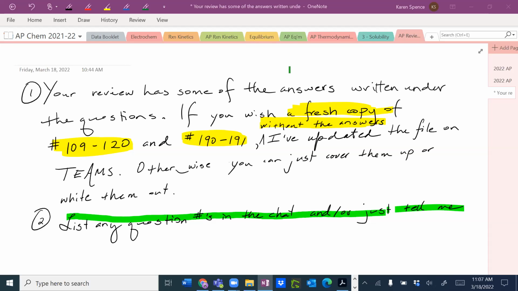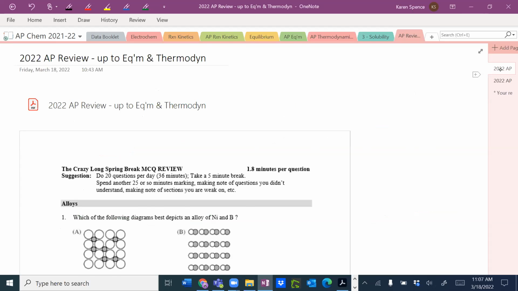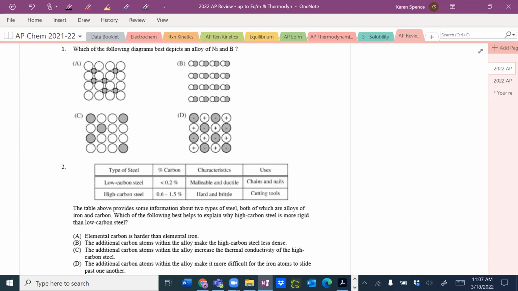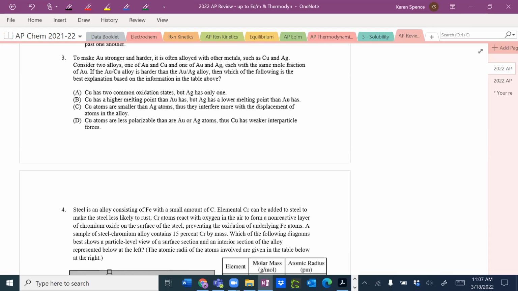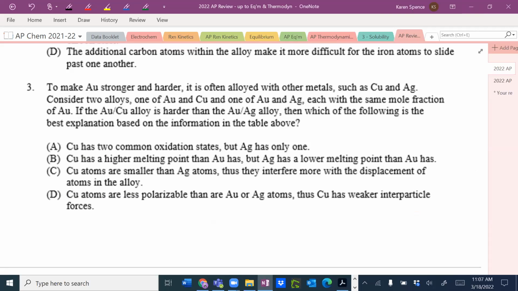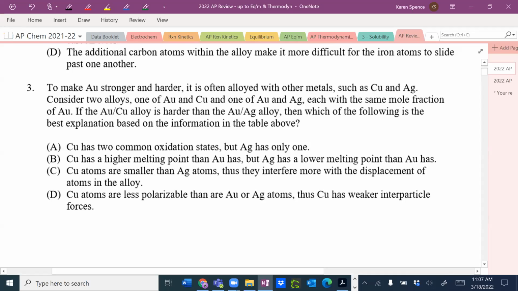So let's see, 3 and 4. So we want to go now to here and we want to go to here. Okay, to make gold stronger and harder, it is often alloyed with other metals such as copper and silver. Consider 2 alloys, one of gold and copper and one of gold and silver, each with the same mole fraction of gold.